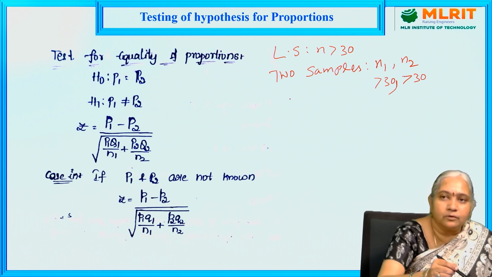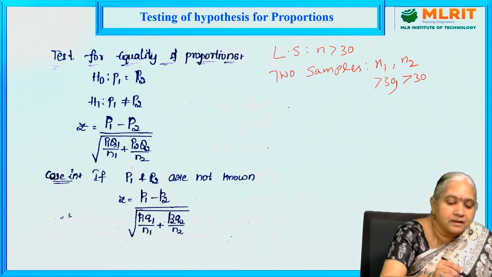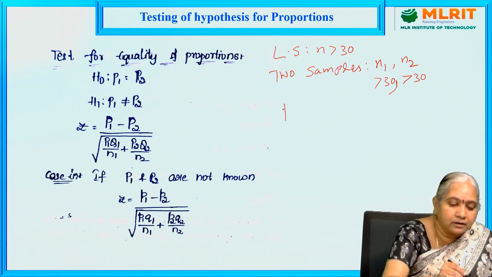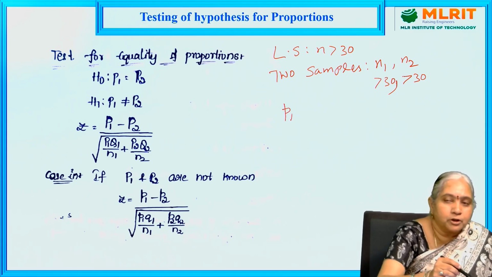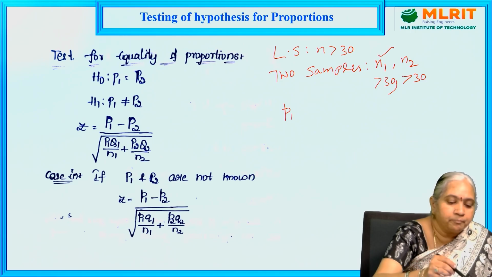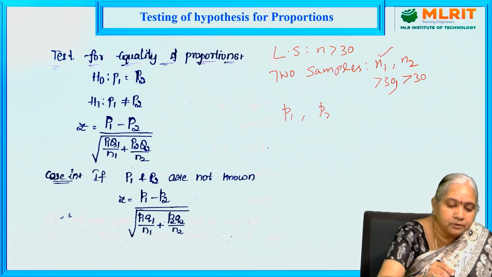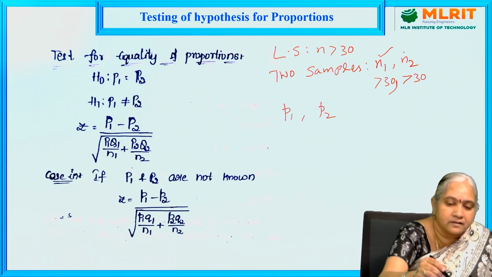Here also, in the questions, sample proportions will be given. That is small p1, the proportion of the first sample, and small p2, the proportion of the second sample.